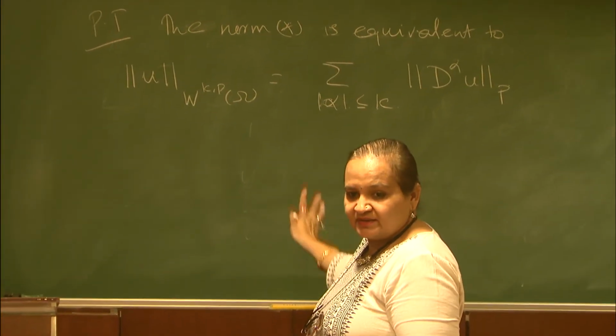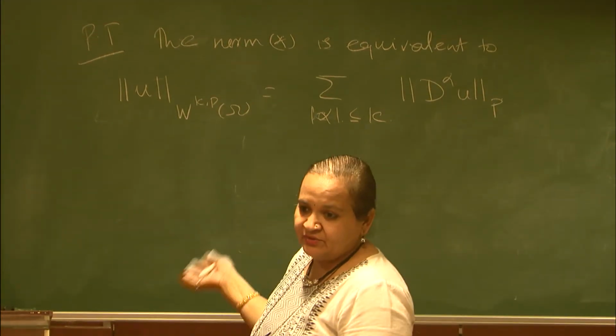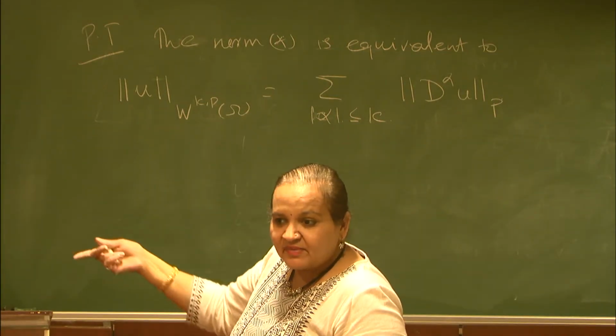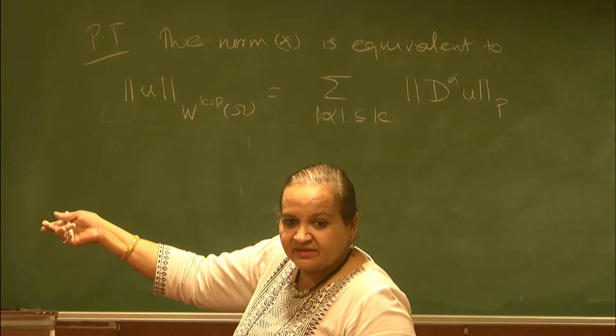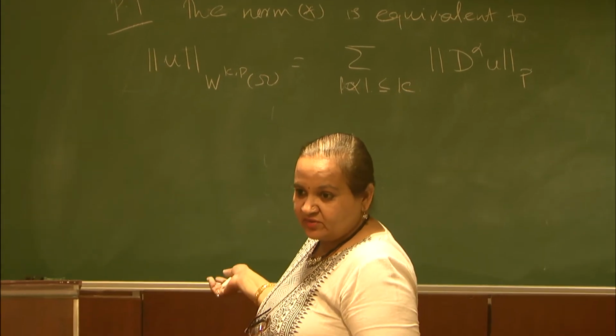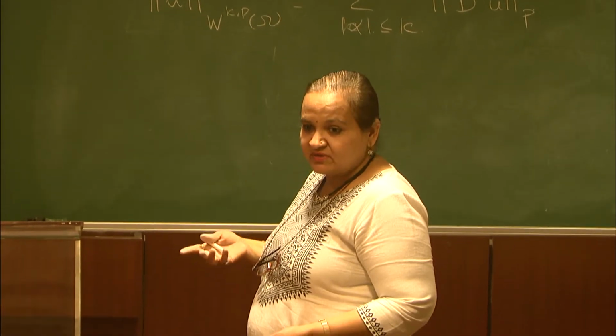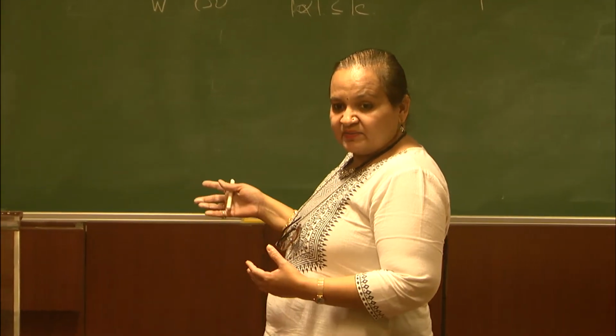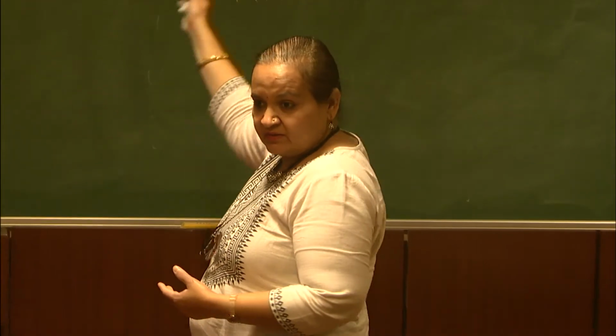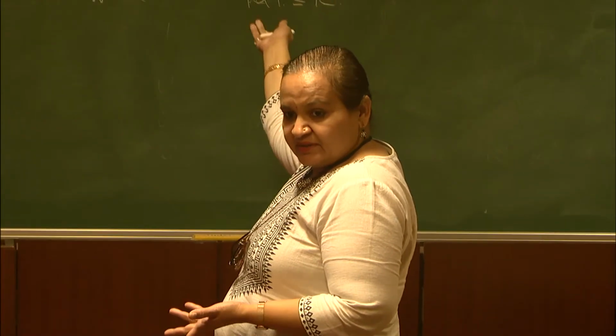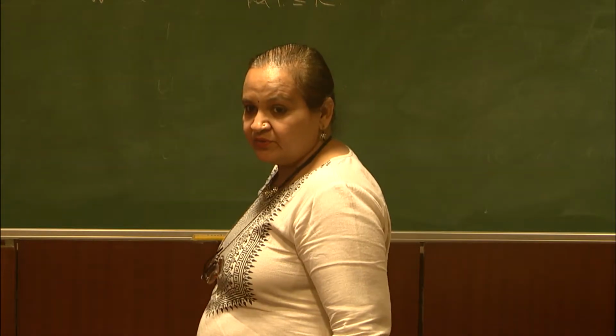You have already shown that it really doesn't matter what the underlying space is. You can just take two Banach spaces, define one norm like this, define another norm, and then check the equivalence of the two norms.